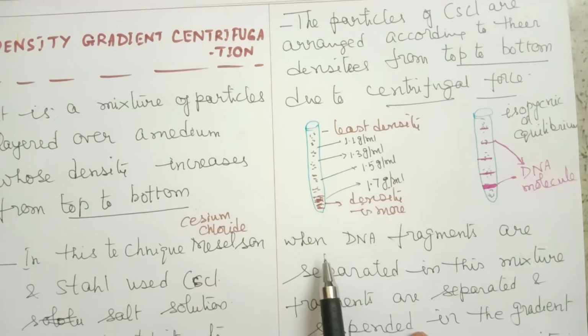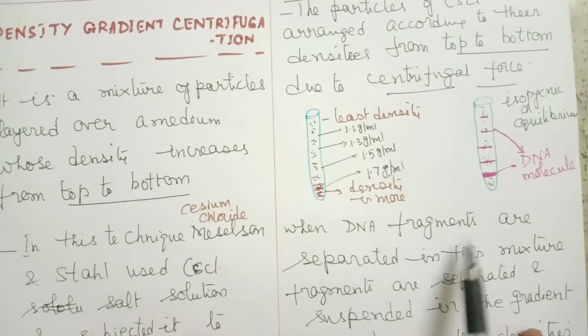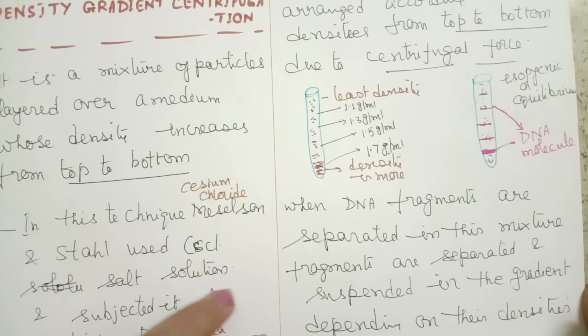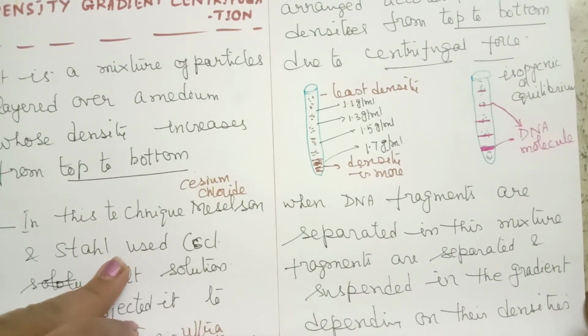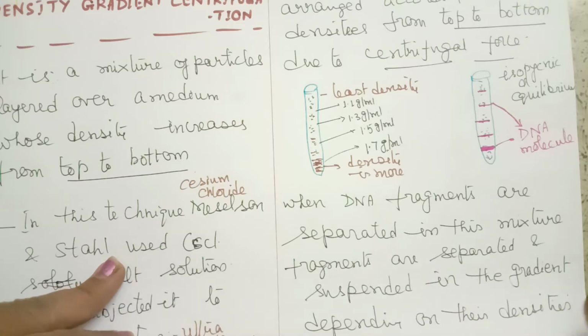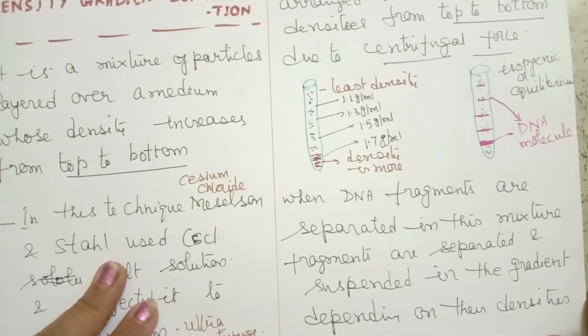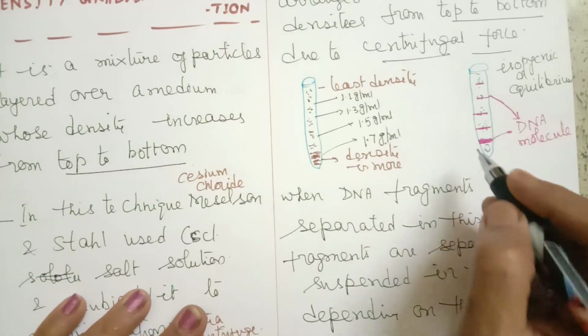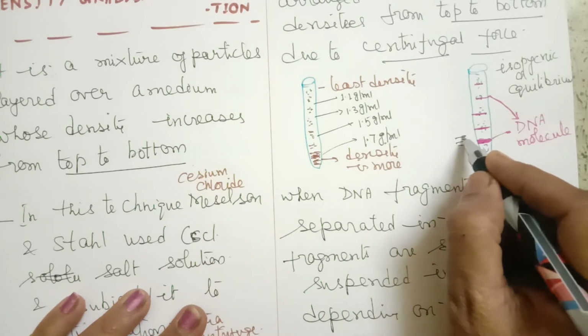Here are the same points I have written. When DNA fragments are separated in this mixture, they are suspended in the gradient depending upon their densities. One can easily identify a DNA fragment by passing ultraviolet light.